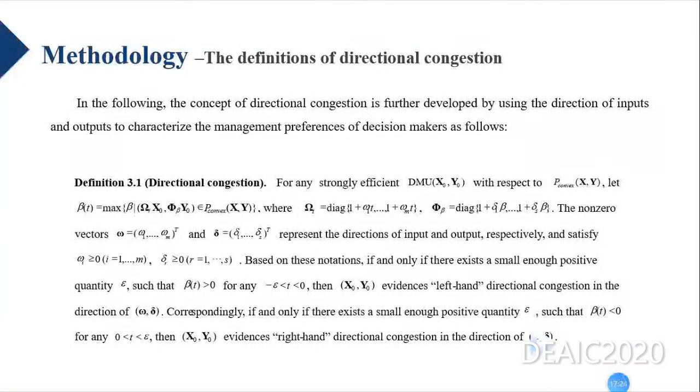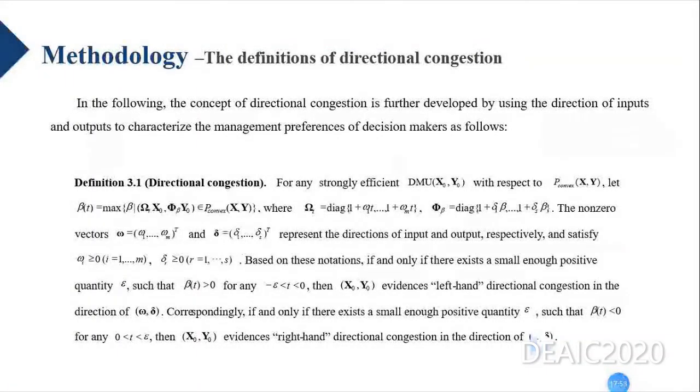In the following, I am going to present another main contribution of our study. To evaluate congestion in a more practical context, we introduce the management preference of decision makers into the local definitions of congestion, which is essential for practical management.